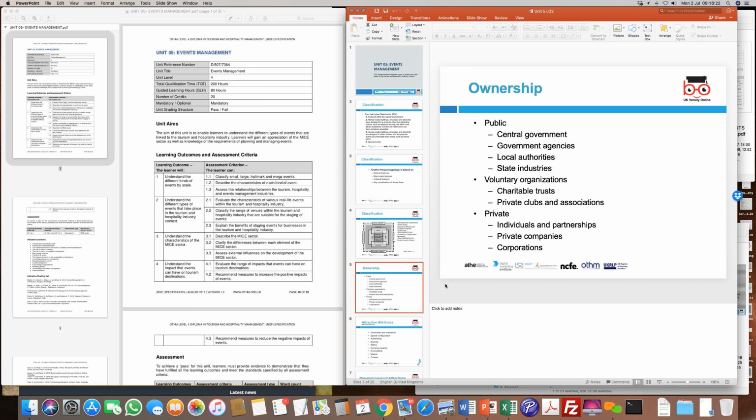We look at the ownership. Over the years, we've seen the ownership of some of these man-made structures fall into public remit, voluntary organizations or charitable trusts, and some fall into private ownership. The reason we differentiate this is that at some stage, some of these are used for generating revenue. In the UK, a lot of the royal family holdings are controlled by a trust, and they generate revenue.